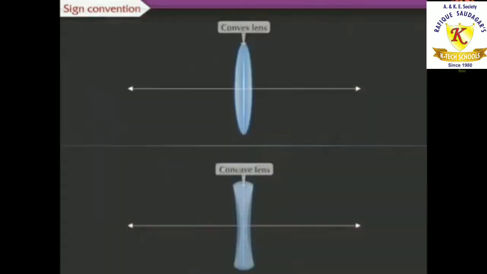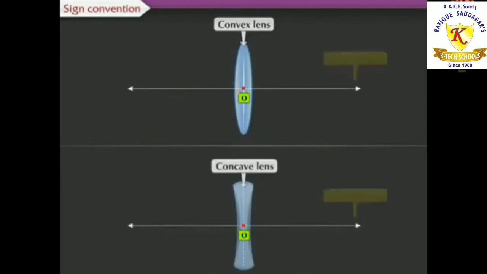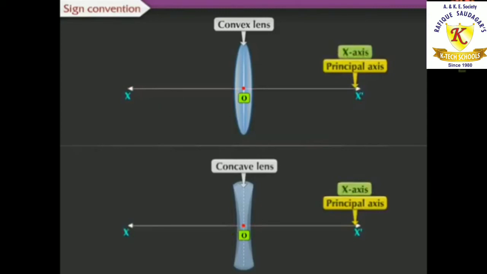According to the Cartesian sign convention, for convex and concave lenses, the optical center O is taken to be the origin. The principal axis is the x-axis of the frame of reference.